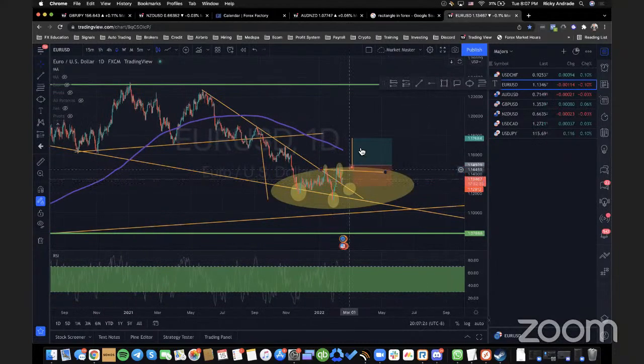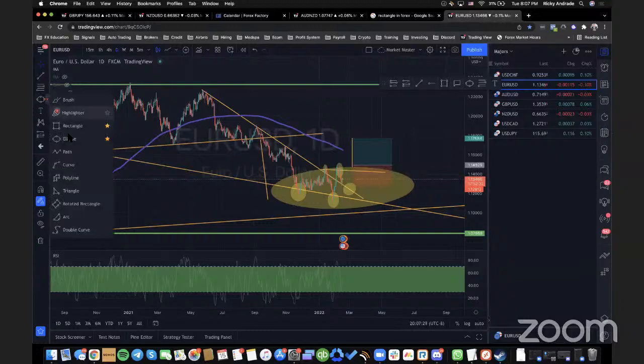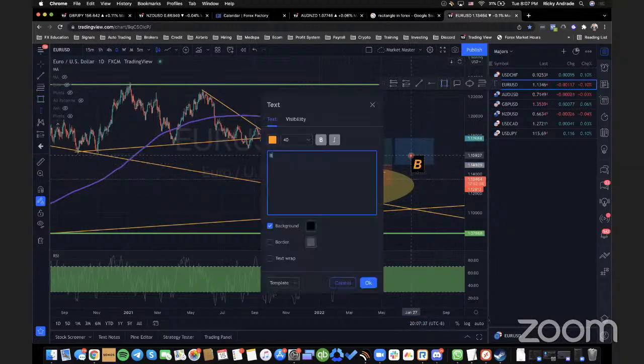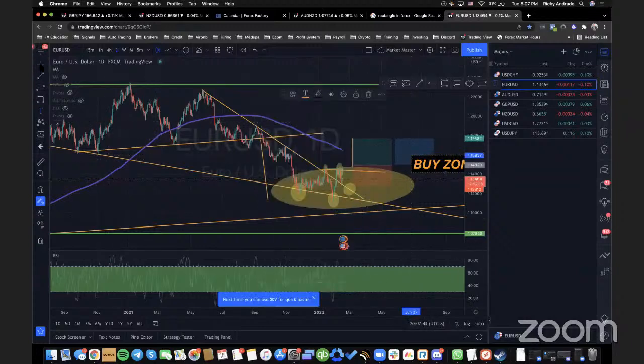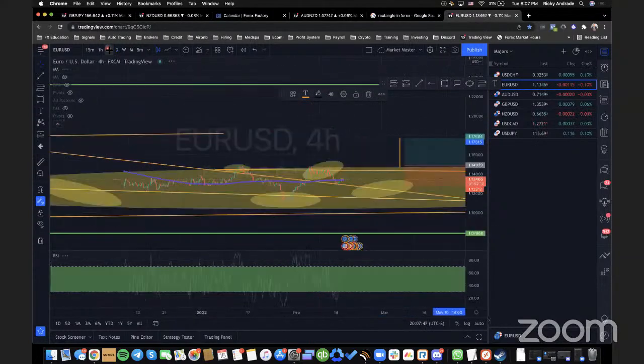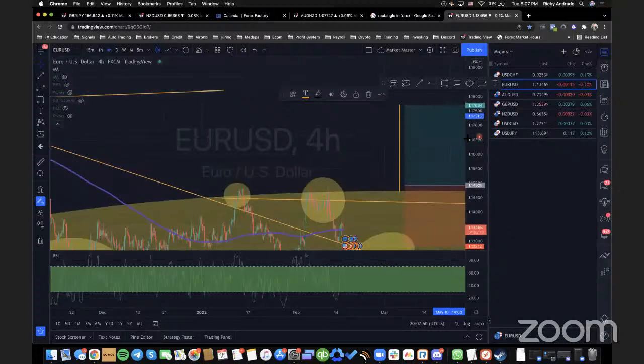And also you could place one trade aiming for this entire thing, or smaller trades in between to do buys in this area. So this is going to be the buy zone. I'm not going to be looking to sell this just because the trend's already broken and it's going into the uptrend. Time to zoom in.